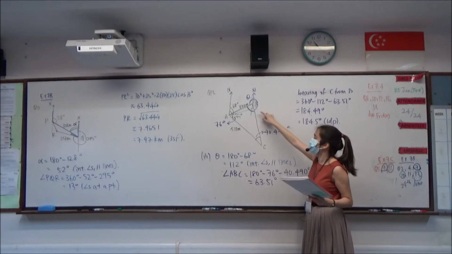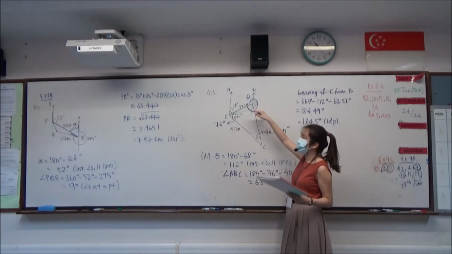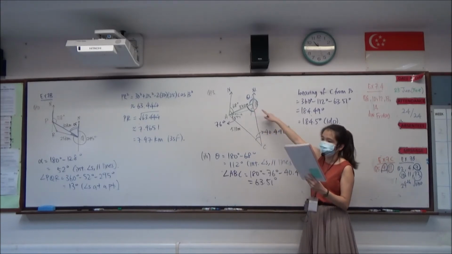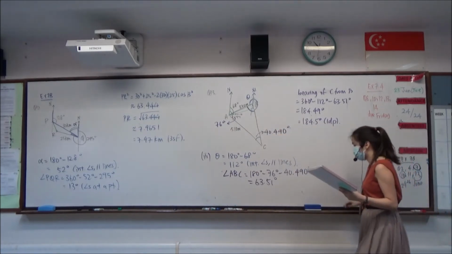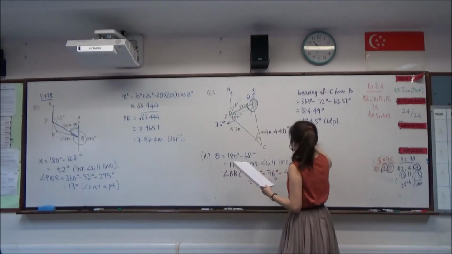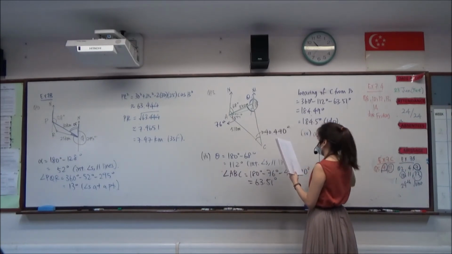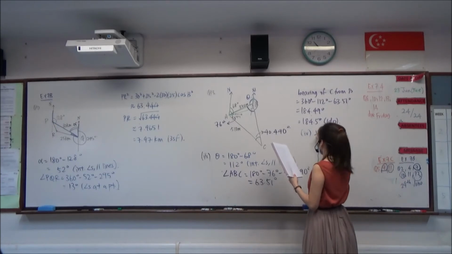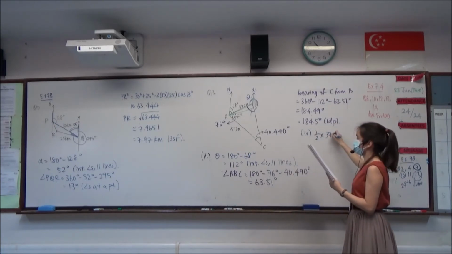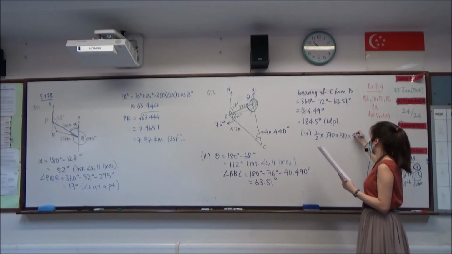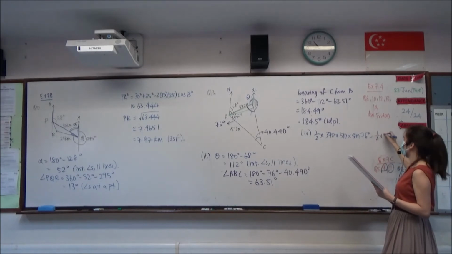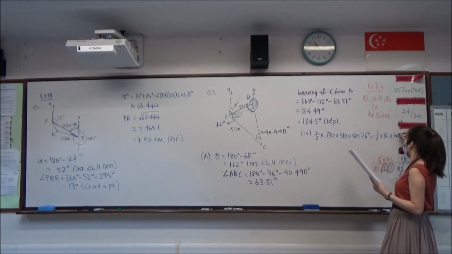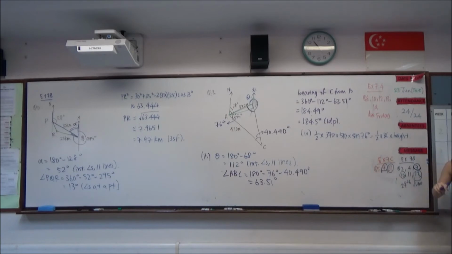Then if I want to use half times base times height, I need to know the length of BC, which I have already found in part 1. So I will form my equation, equals half times BC times the height that we want. Could I leave this to yourself to do the calculation?